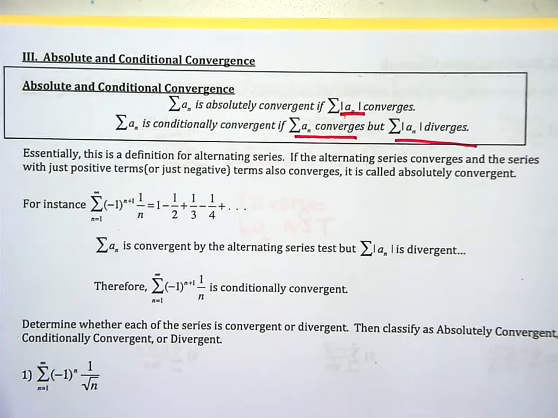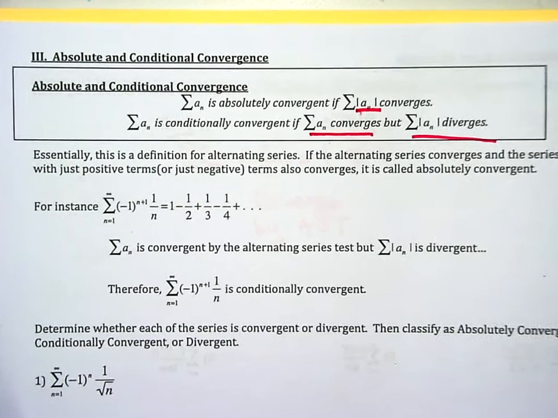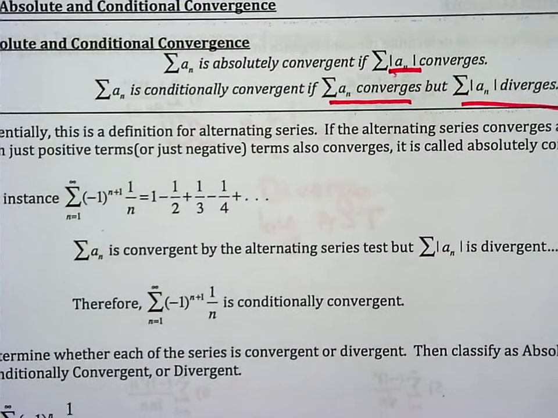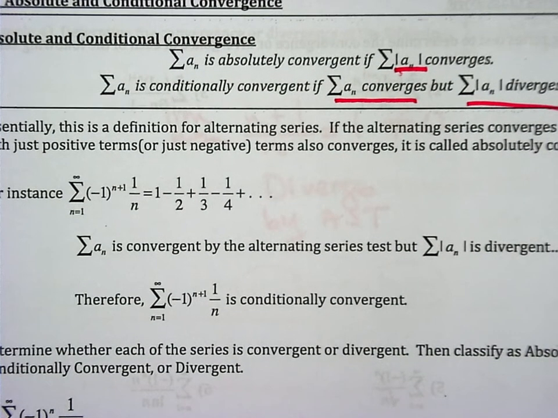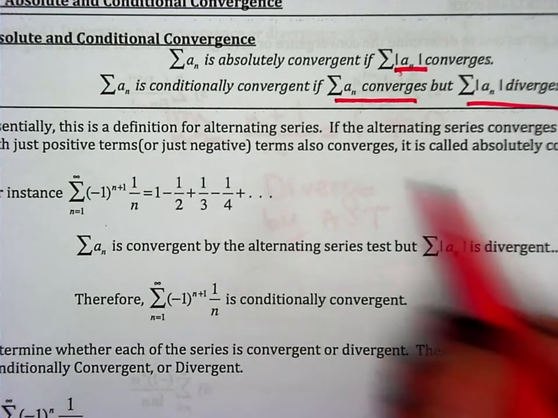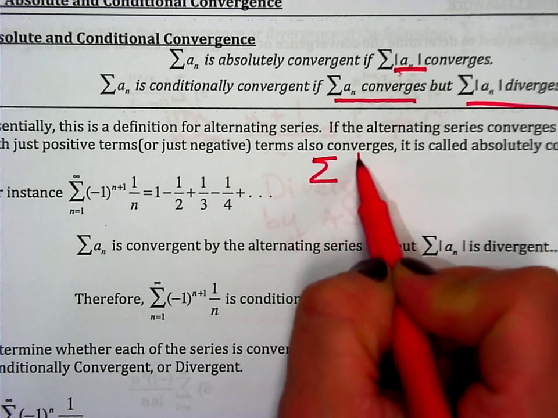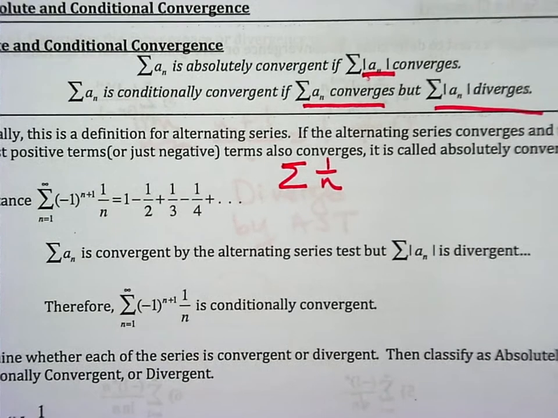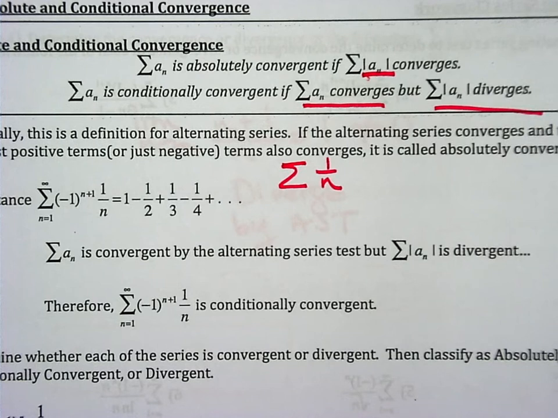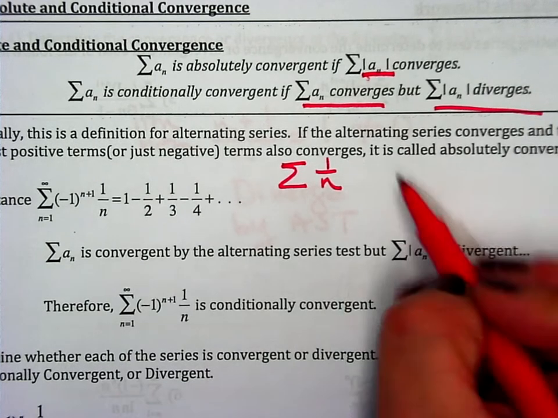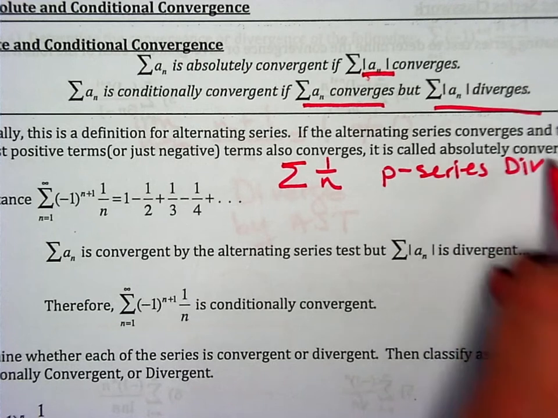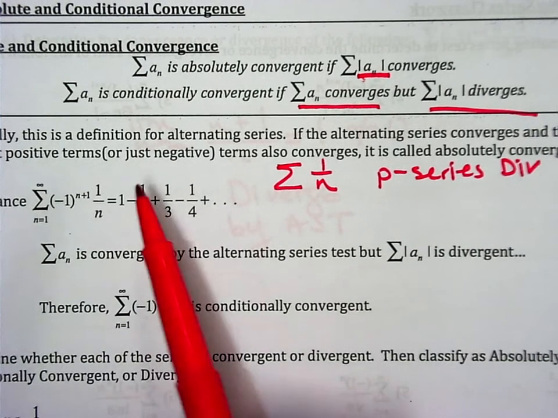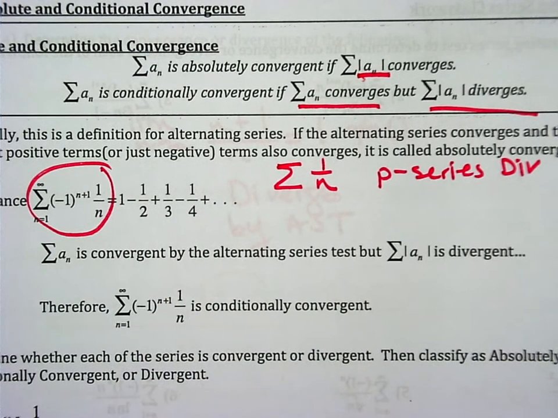So for instance, look at this first series right here. I always start with the absolute value piece. So the absolute value piece is this series right here. When I look at just the absolute value, I can say for sure that this is a P series that diverges. Now when I look at the whole series, I notice it is an alternating series.